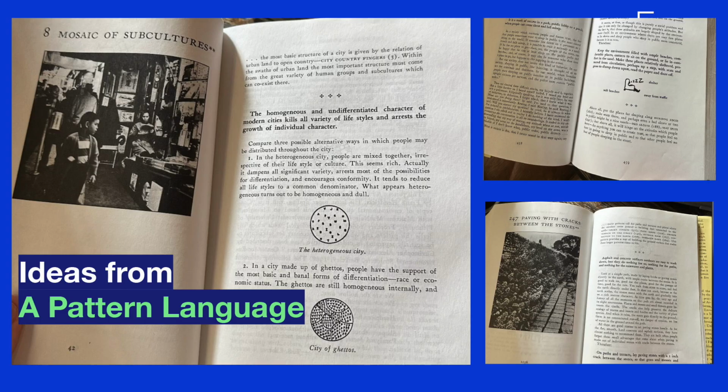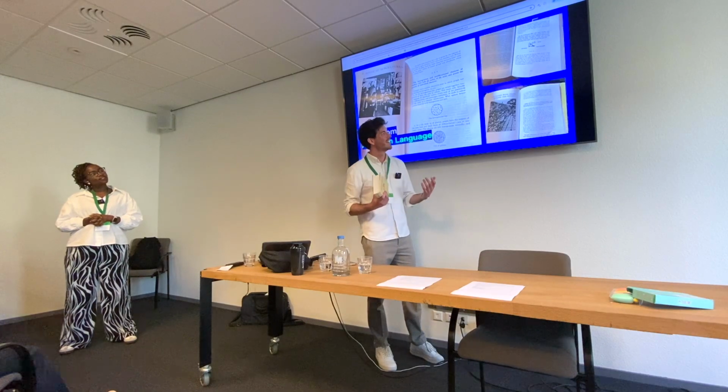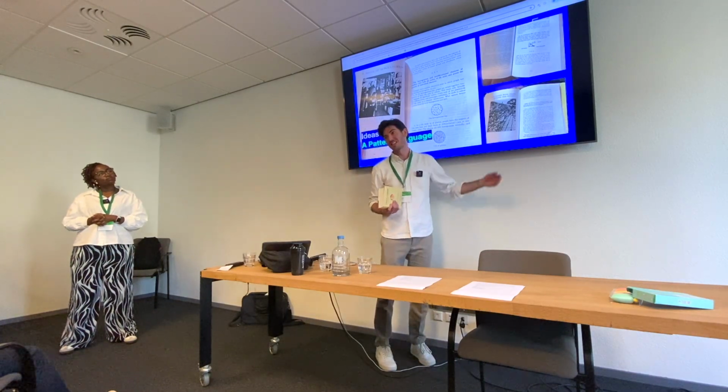And some other examples might go into the kind of mid-level. So this is, how do you create spaces where people feel comfortable to sleep in public, which is interesting. Or going down to the minutiae, like I said, paving with cracks between stones. And like some of this is only like a one-page pattern.